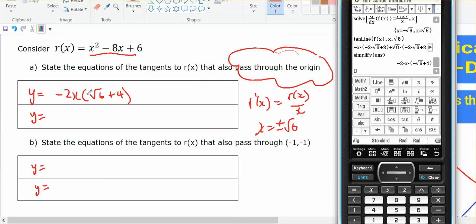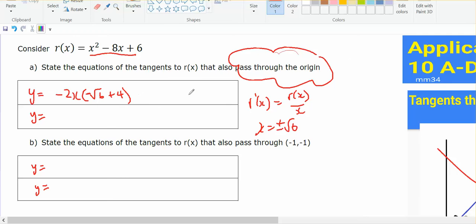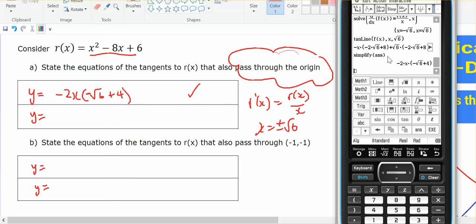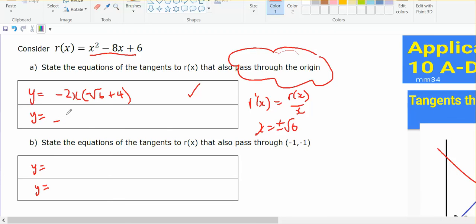And that was minus root 6 plus 4. That's equation number 1. And looking at equation number 2, that will be at negative root 6. And that's going to be the same rule except with the positive root 6, minus 2x root 6 plus 4. Done.